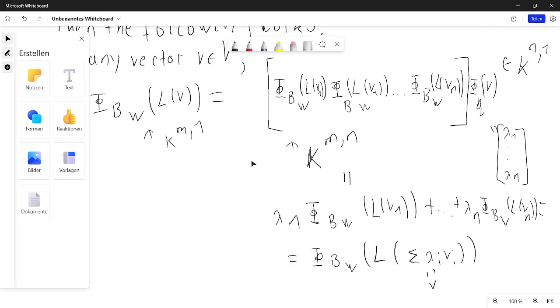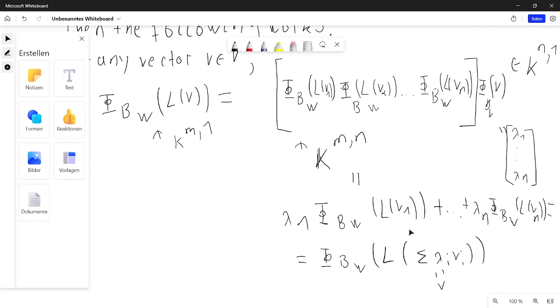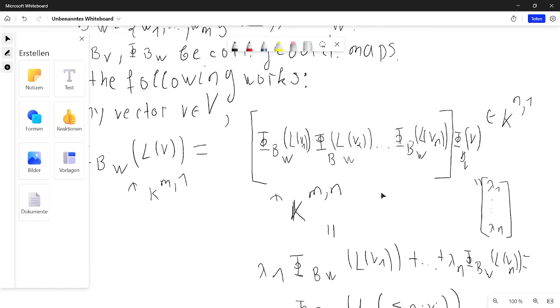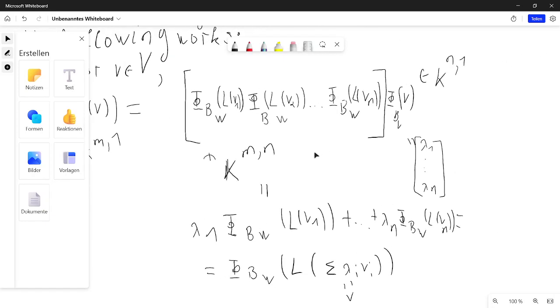If you like the abstract formalism more, then you are good to go here, because it is obvious. You can see it right here: this is equal to this. If you like to work with just compositions of maps, then you can see that it works like that. Yesterday I had to derive it myself, and I didn't come up with this derivation right away, so I used another one.